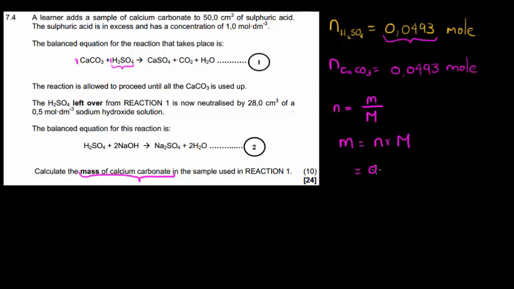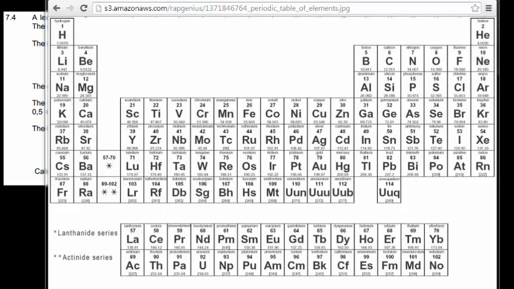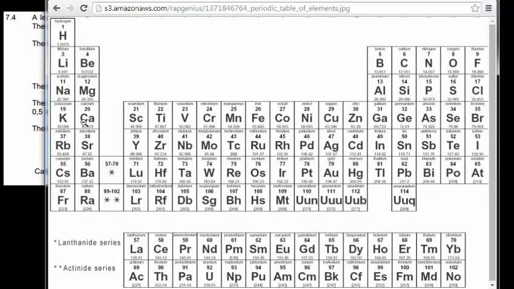We have the number of moles, 0.0493 moles, and now the molar mass. For calcium, the molar mass is 40. For carbon, it is 12, and for oxygen it is rounded to 16.